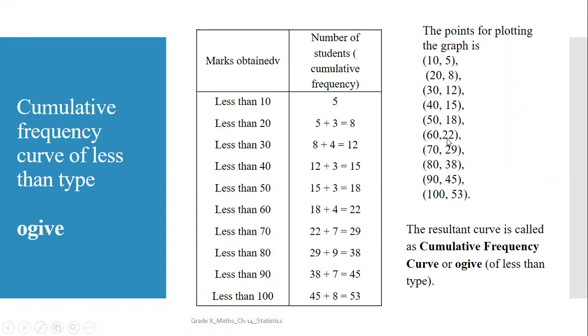So if we are drawing these points on a graph and plotting and joining them, then we will get a curve and it is called as cumulative frequency curve or Ogive of less than type. This is from a less than value where x-axis is the upper limit. It is told to be Ogive of less than type. The spelling is Ogive, but you have to pronounce that Ujiv.